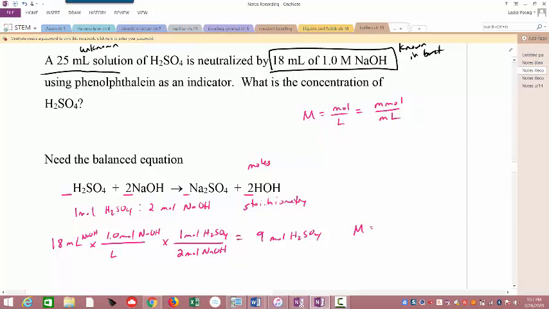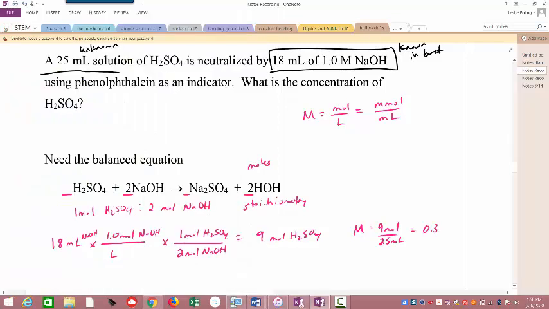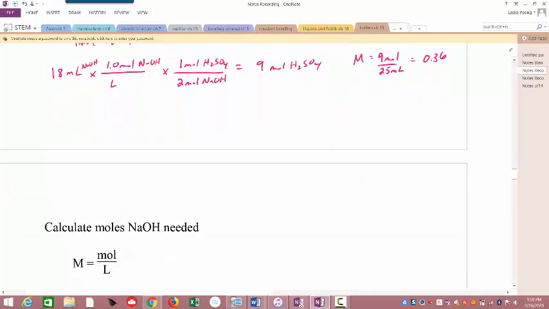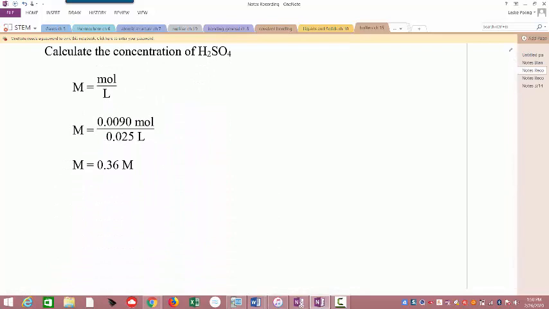So molarity, 9 moles divided by 25 milliliters gives us a molarity of 0.36. Okay? And then this is just the exact same calculation typed out.